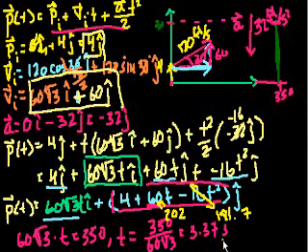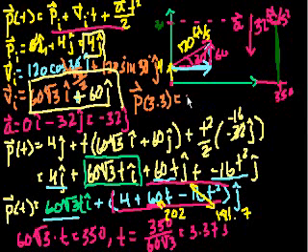So at 3.37 seconds, the y position, we can even write it like this. Let me see, I'm running out of space. We could say the position at 3.37 seconds is equal to 350 i, right? Its x position is 350.